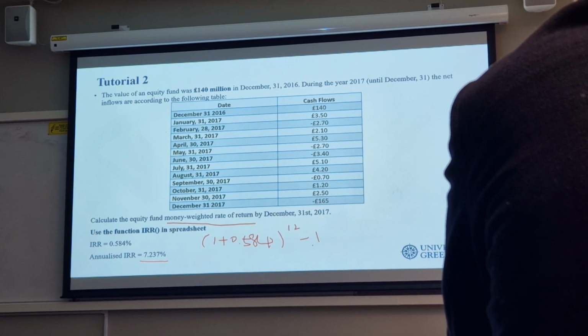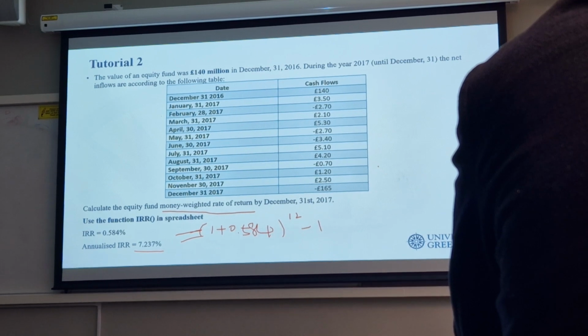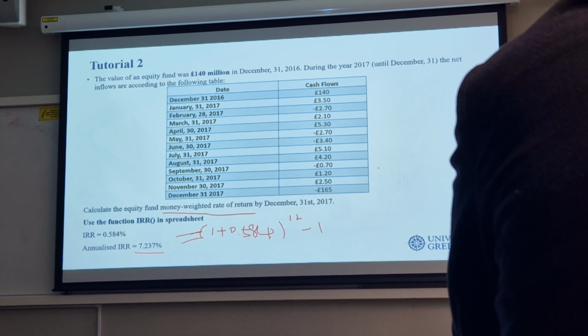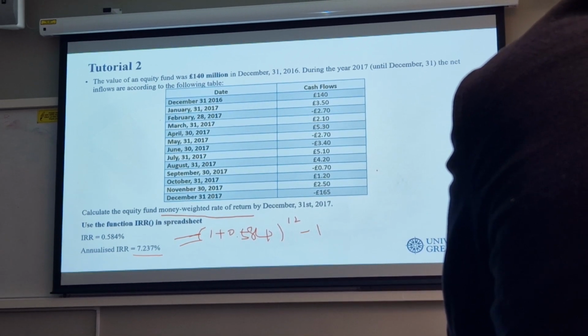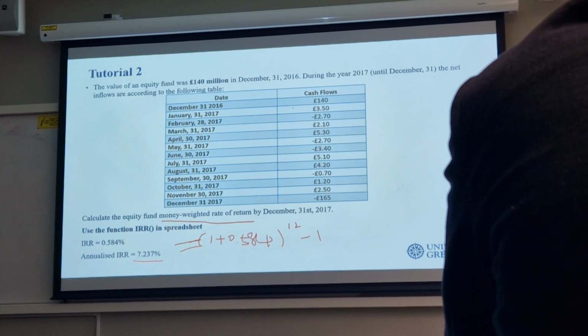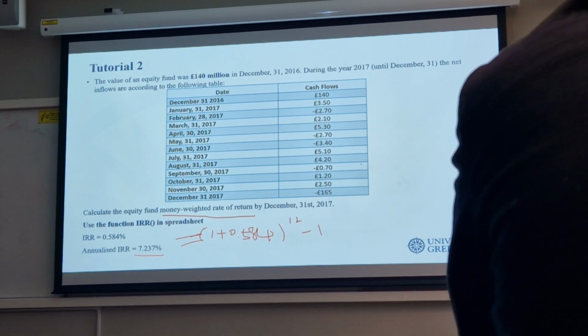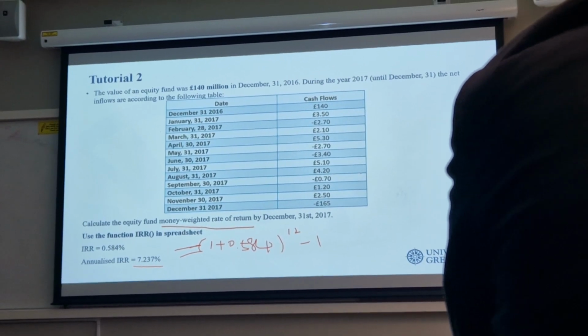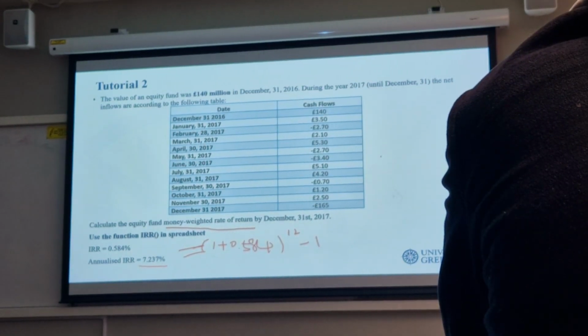So we already have that. You probably will use that more often next term when we study the financial analysis module. So this is the tutorial questions for lecture 11, performance measurement.